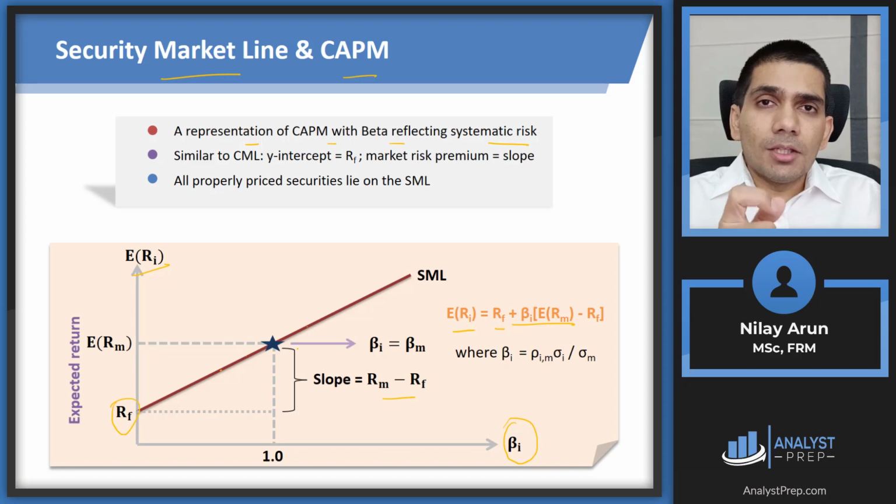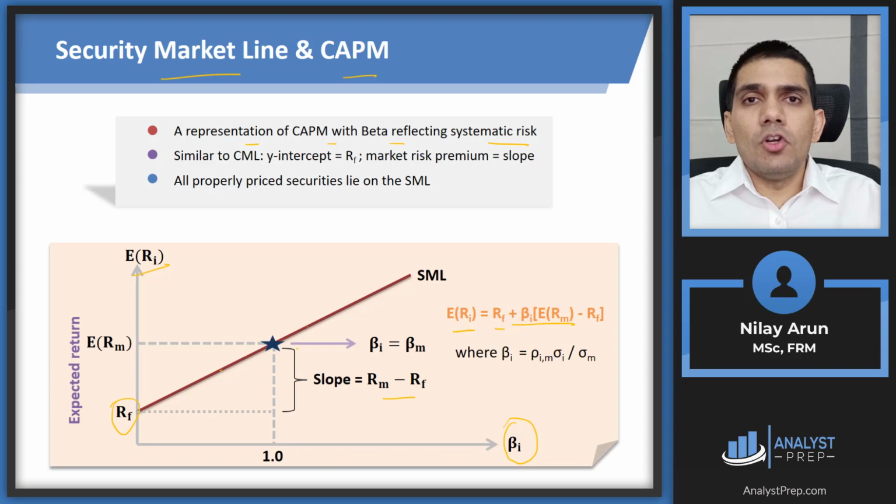That means that the market value and your intrinsic value are the same. Another way to put that is that the securities are neither overvalued nor undervalued. They are fairly valued. So SML is the set of all of those securities that are properly valued, so they are going to lie on the SML.